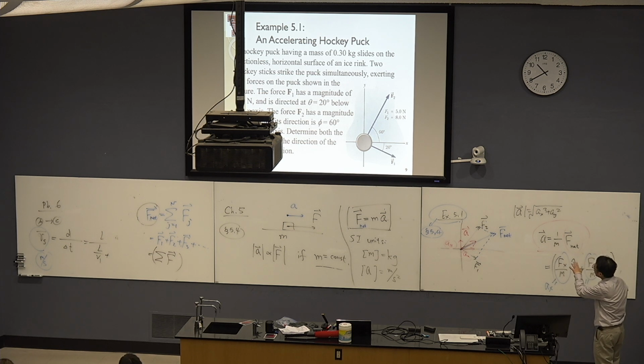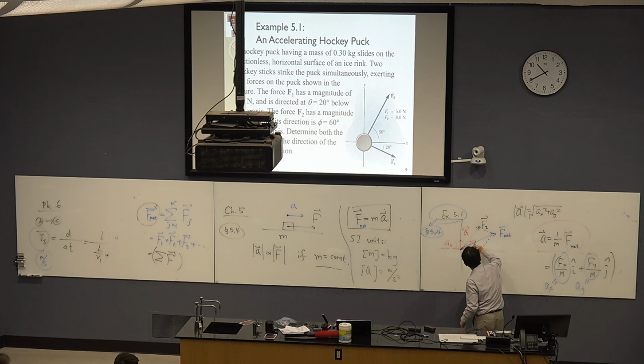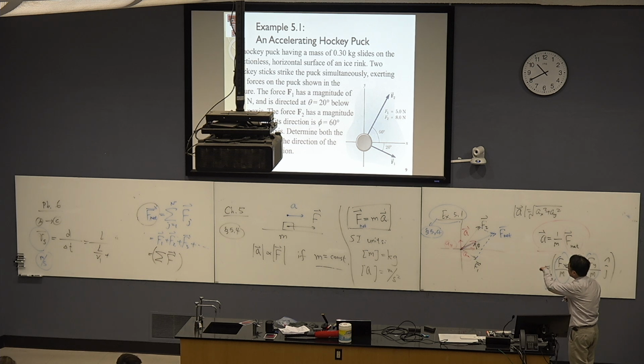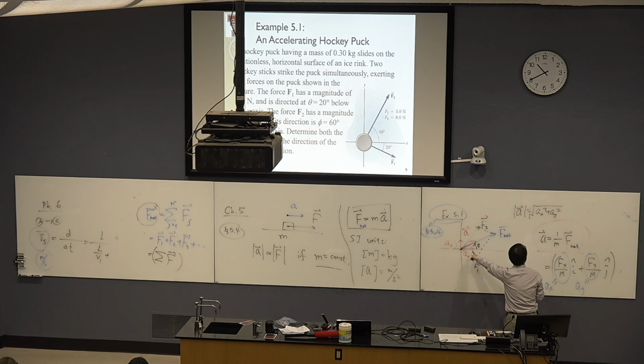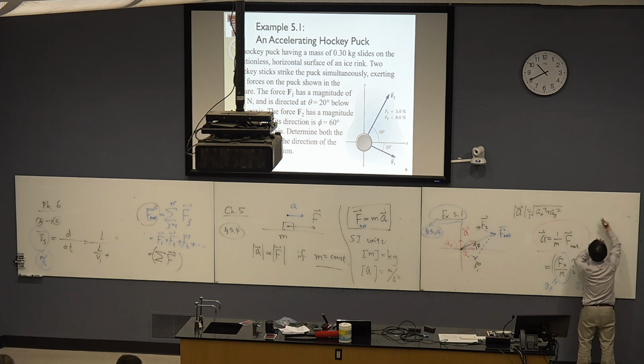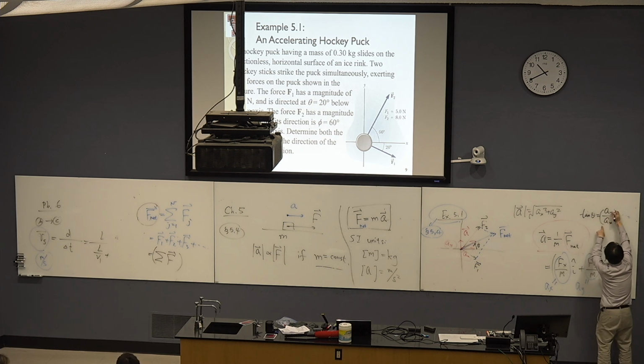Once you get the magnitude of acceleration, you can also get the angle. The angle will be this angle here. The same angle will be used for both the force and the acceleration. They will have the same angle. So once you have both components of acceleration, you can say that tangent theta equals ay over ax, the y component of acceleration over the x component of acceleration.